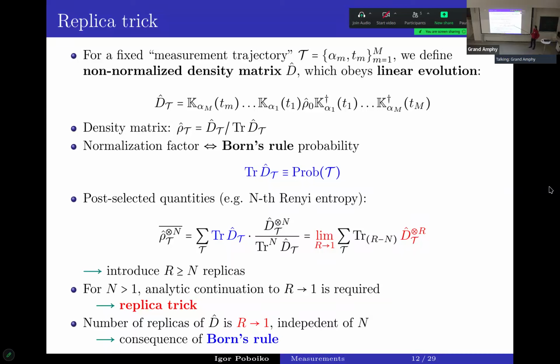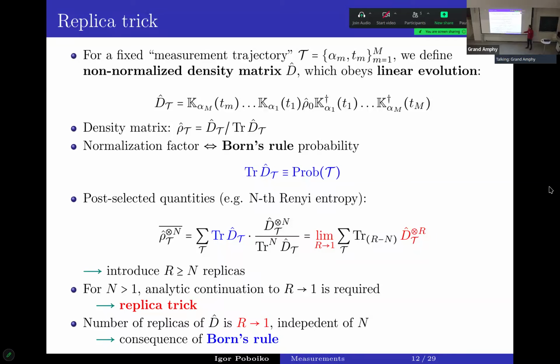But what you obtain in the end is R copies of your non-normalized density matrix D, and you trace out R minus n of them to get this prefactor, which is trace of D to the power of 1 minus n, which means that you have to take the limit R to 1. So again, I emphasize that this limit R to 1 comes precisely from this extra trace of D prefactor, which comes from the Born's rule.